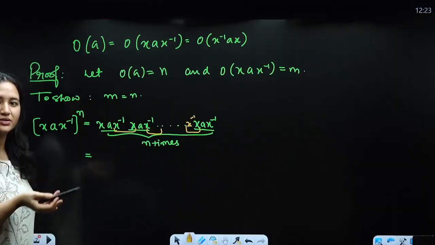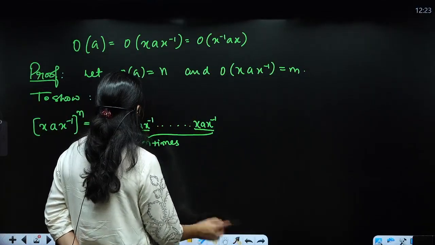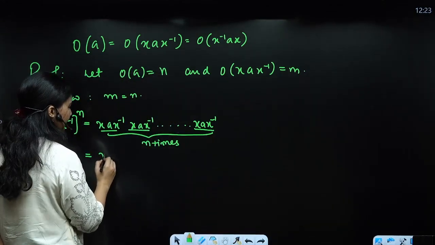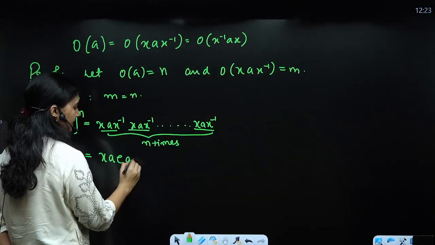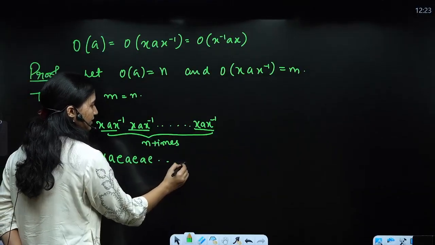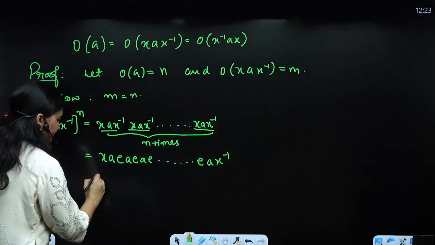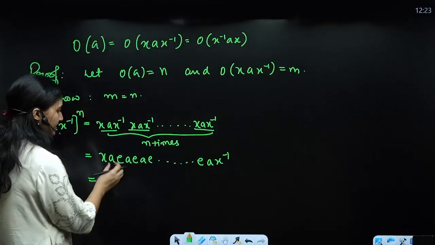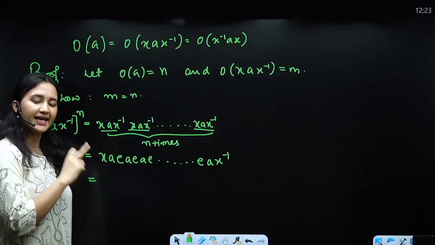So x inverse into x is going to be E, that is your identity element. So from here I can write xA, this x inverse and x is going to give me E, then AE, continue till EAx inverse, right? Now these E are going to make no difference, and this A is going to appear as many times as we have multiplied xAx inverse.